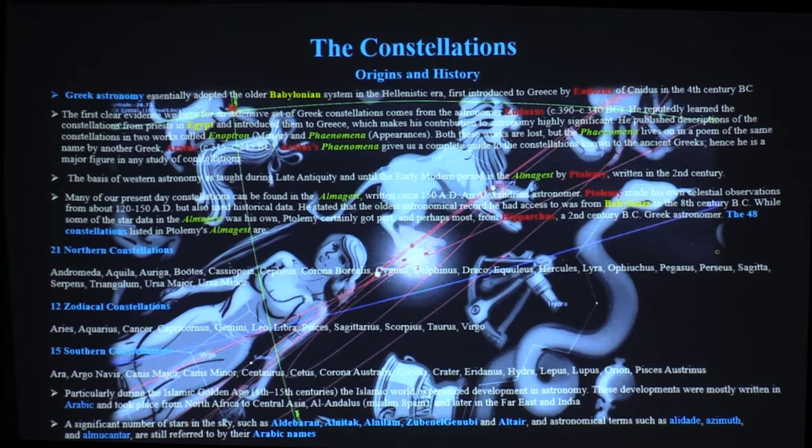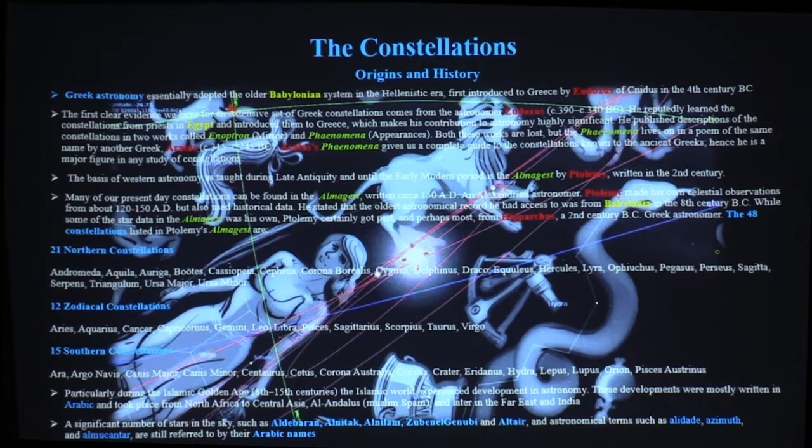And Alexandria thrived. Anyway, he published 2 works, an Optron and Phenomena, and they don't survive. But the Phenomena lives on in a poem by the Greek Aratus. And when Ptolemy picked up on this, he criticised the poem, but he then got a lot of his information from there and composed his Almagest, which then became the official ancient Greek catalogue, the official guide on the constellations.